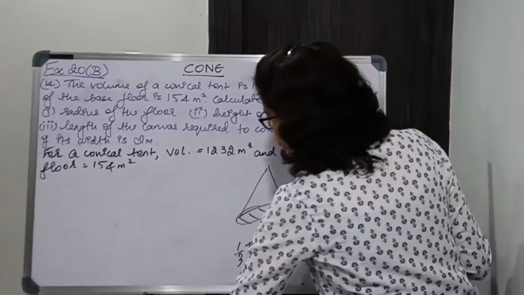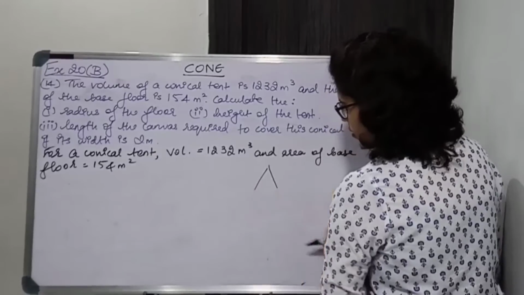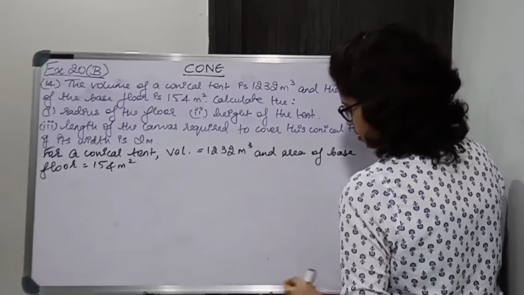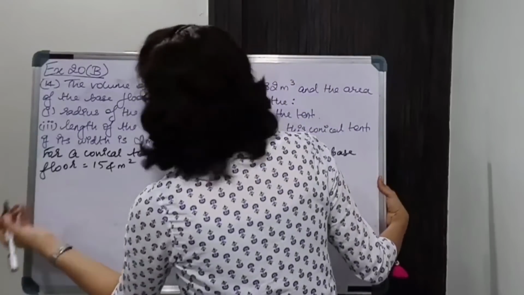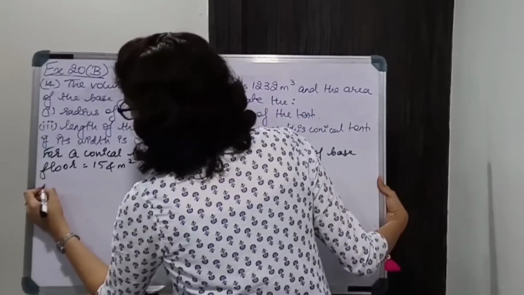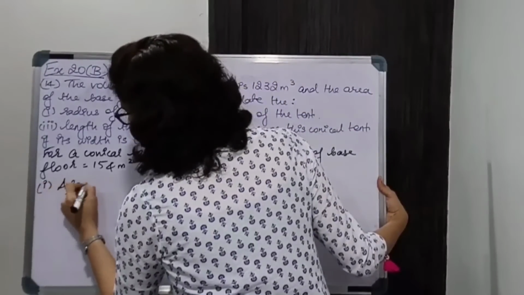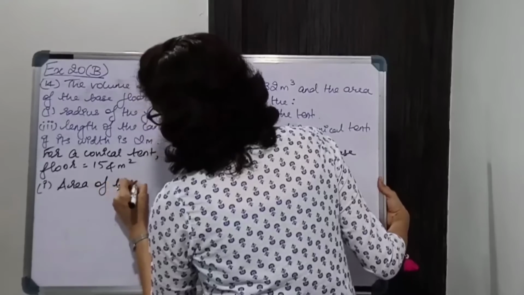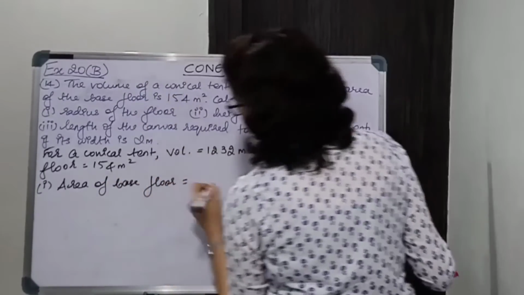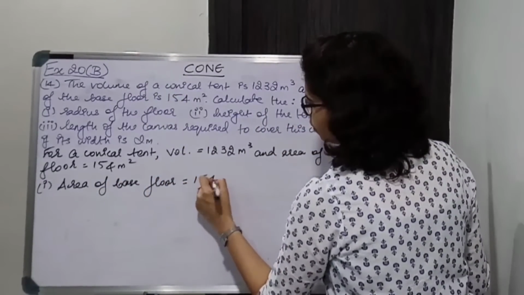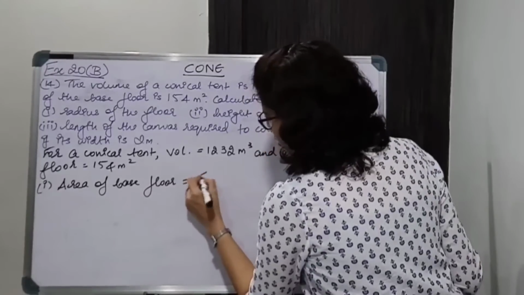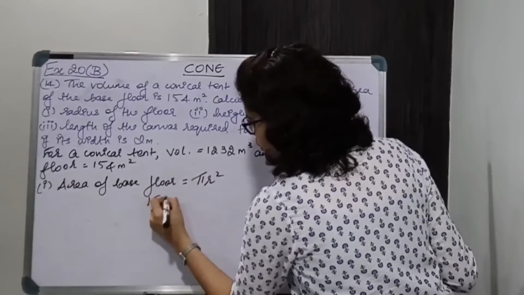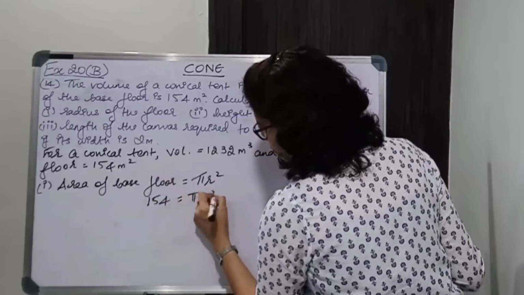Area of the base floor we will do first. In the first part, the area of the base floor is 154. So first I'll write down the formula only. This is pi r square. So 154 is equal to pi r square.